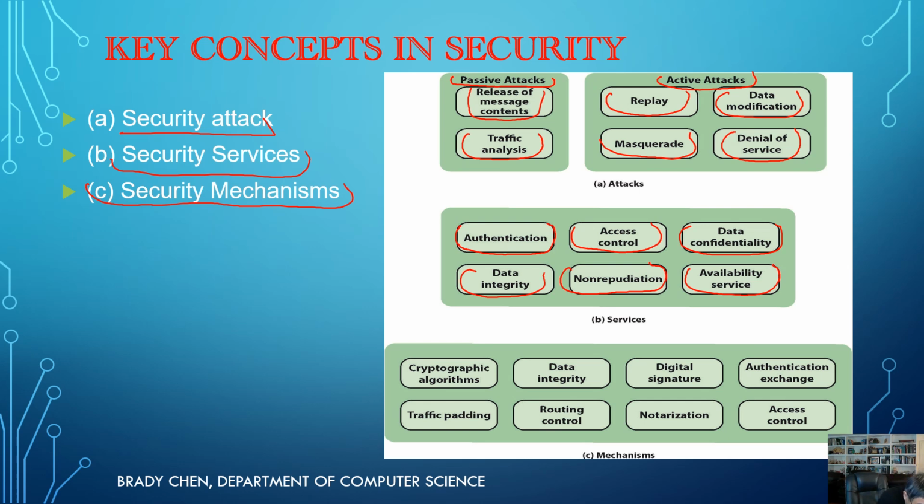So for example, cryptographic algorithm, that's a mechanism, like an encryption decryption algorithm, and data integrity, and digital signature, authentication exchange, traffic padding, routing control, notarization, and access control. These are examples of the security mechanisms.